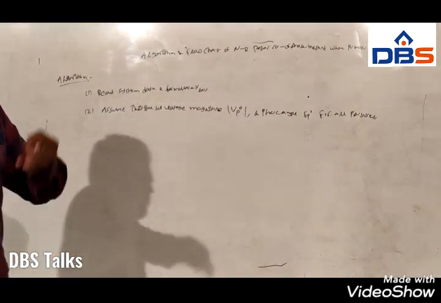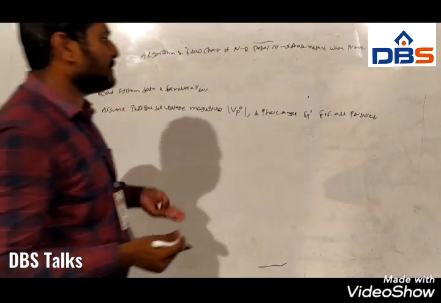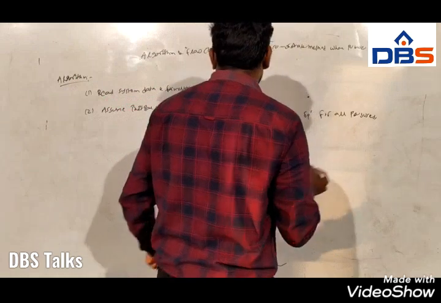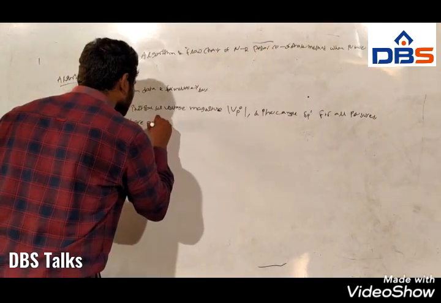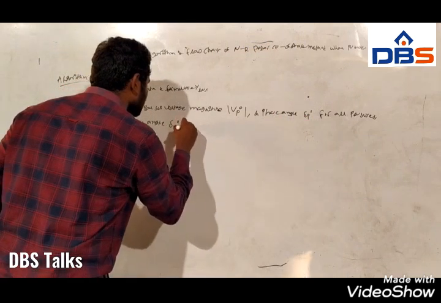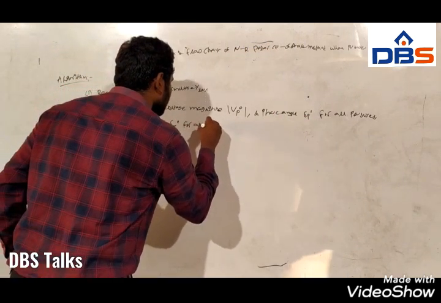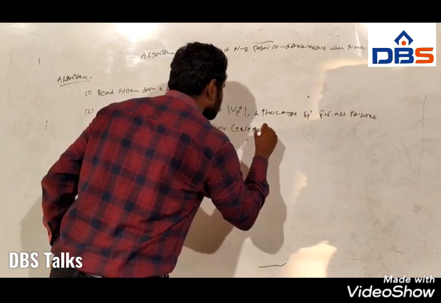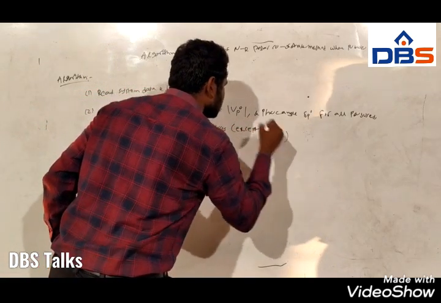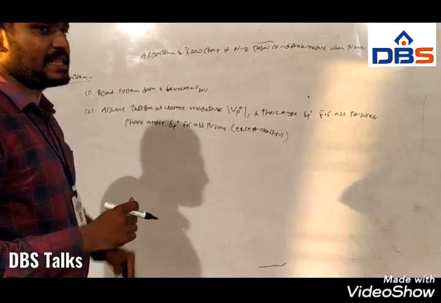In this case we have to add PV buses also. For PV buses we have to assume the phase angle delta p^0 for all PV buses except the slack bus. We are not considering the slack bus.